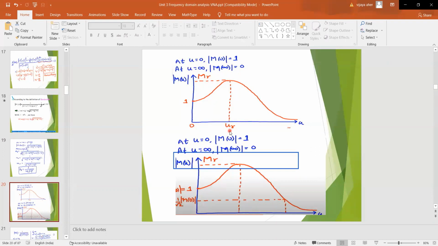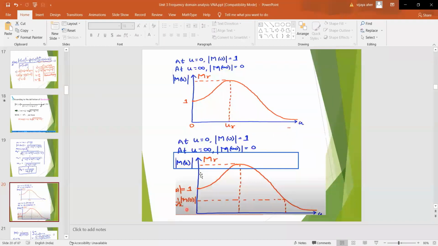Got my point? And as u is increased up to infinity, the magnitude decreases to 0. So this is the magnitude response I have plotted with normalized frequency u.